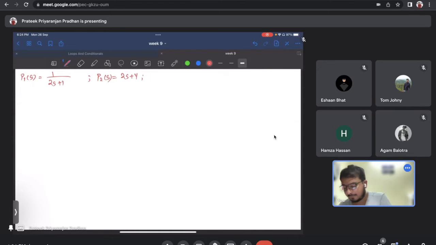So for P1 of j omega, it is 1 by 2 j omega plus 1. So the phase will be 0 minus tan inverse of 2 omega divided by 1.